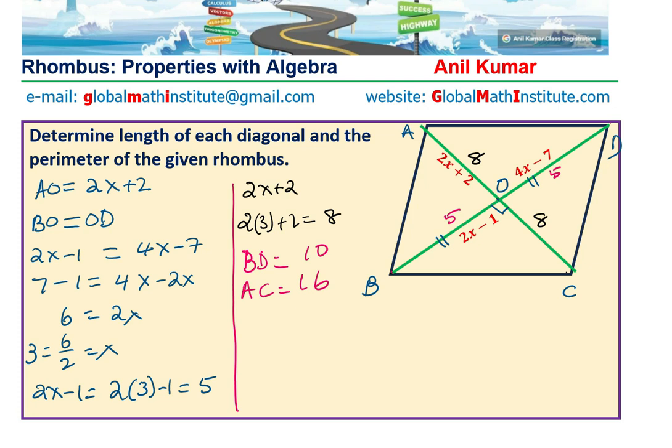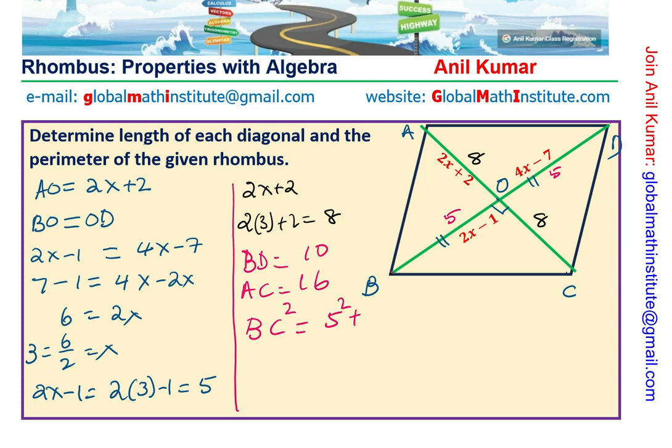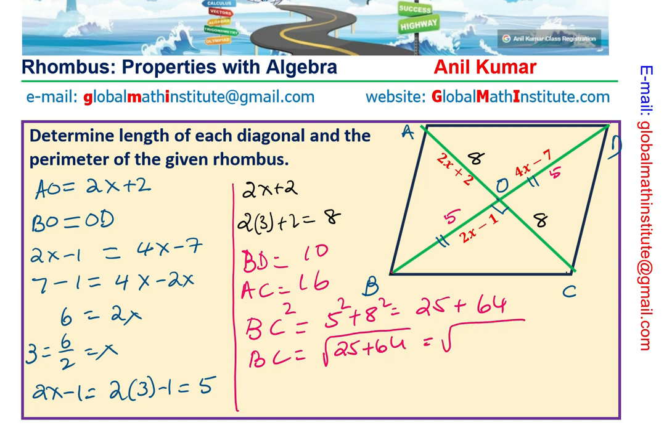Now, to find each side of the rhombus, we know that the diagonals intersect at right angles, the two sides being 5 and 8. So the hypotenuse should be what? So BC square equals 5 square plus 8 square, which is 25 plus 64. And so BC is square root of 25 plus 64, which is square root of 89.